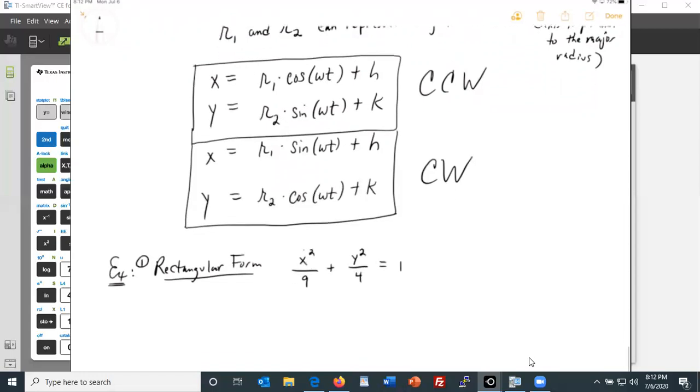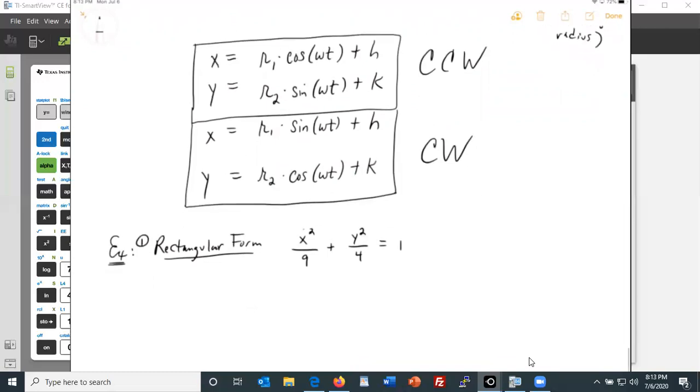Remember, it's very similar to a circle here, but you have two different radii. So this would be an ellipse with center 0, 0. You would have a major radius of not 9, but 3, and a minor radius of not 4, but 2, because remember, they got to be squared.